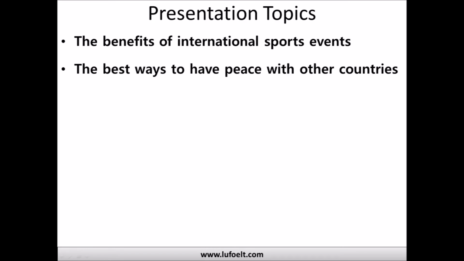All right, and the second example topic is the best way to have peace with other countries. So there's a lot of trouble in the world these days, but I think most people would like to live in a peaceful and safe place. And so what are some of the best ways to have peace with other countries and other people?